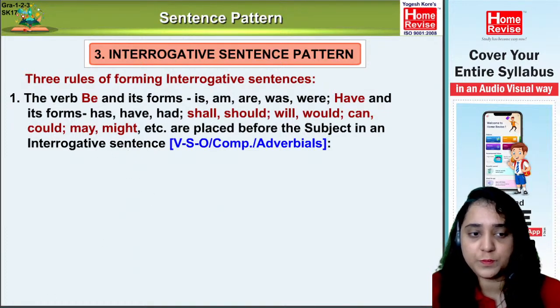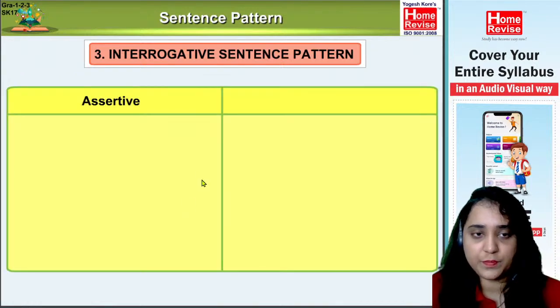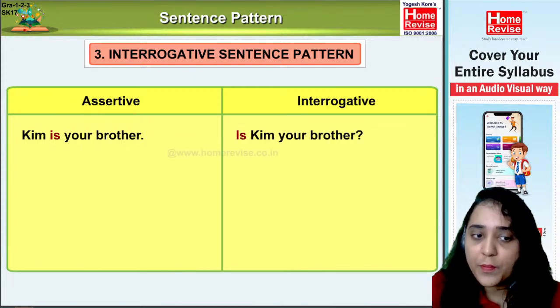Now pay attention. Verb, subject, object or complement or adverbials. Correct. Assertive: Kim is your brother. Interrogative: is Kim your brother?